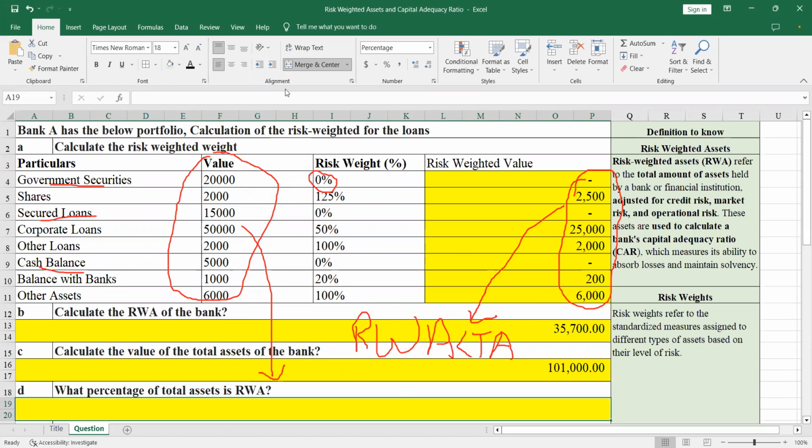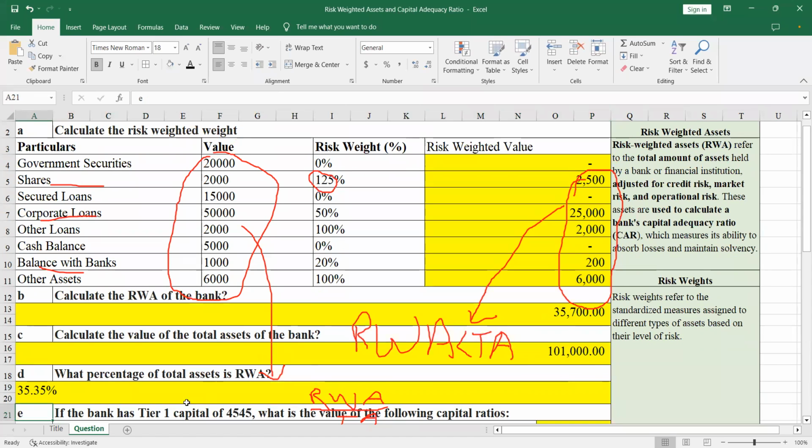To do this, you'll have to find risk-weighted assets as a fraction of your total assets. So risk-weighted assets as a fraction of your total assets is equal to the risk-weighted assets divided by the total assets. That's about 35.35.